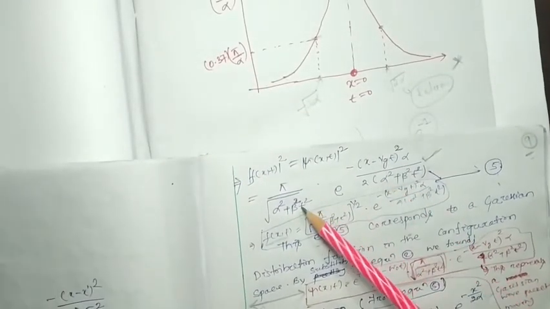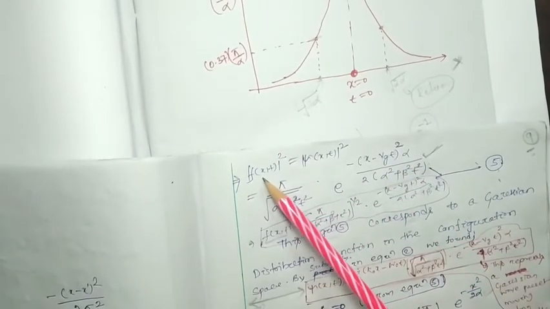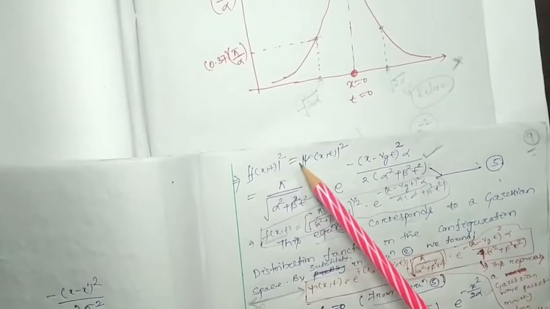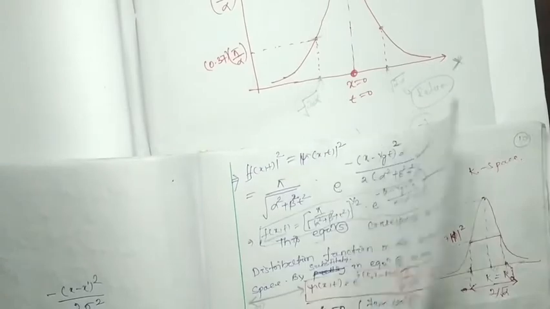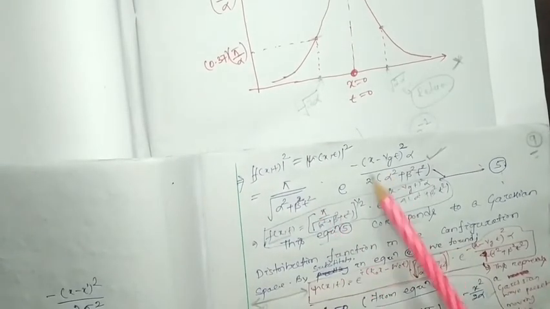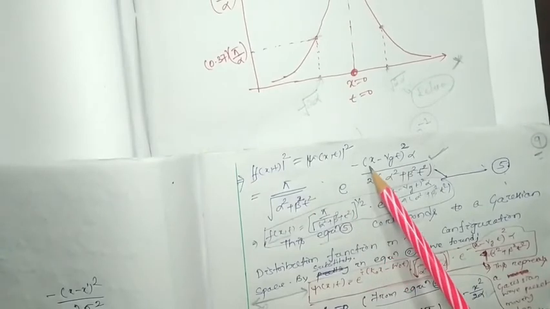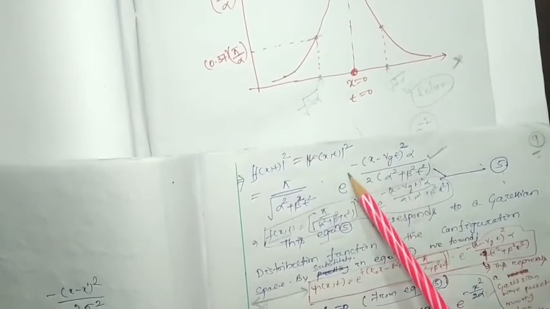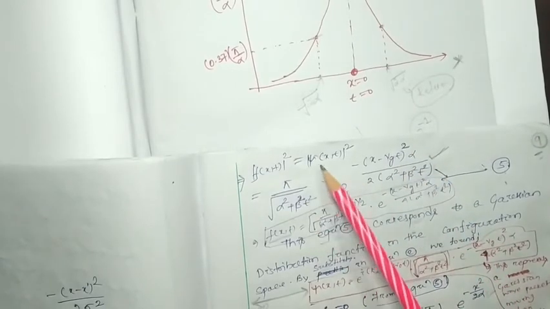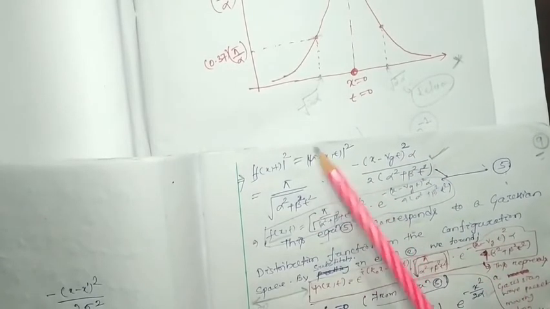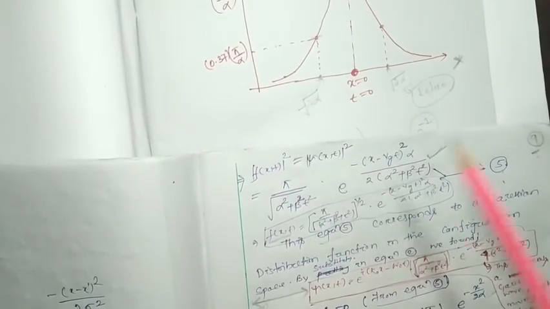Here this value mod f of x,t square equal to mod psi x,t square will be this much, and its maximum value will be when e to the power 0. That means when this value will be 0, then we are going to get this probability density or mod psi x,t square will be maximum.